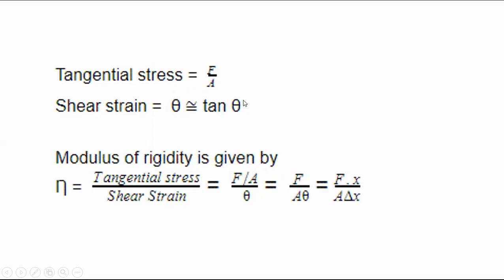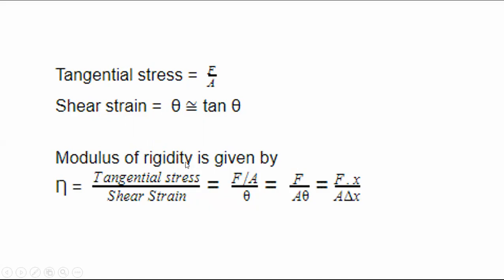As theta is very small, we can write it approximately equal to theta only. Tan theta equals theta in case of a very small angle, because whatever the deformation will be there, it will be very minute. Even though I am drawing it very large on the diagram to help you understand, it will actually be very small.